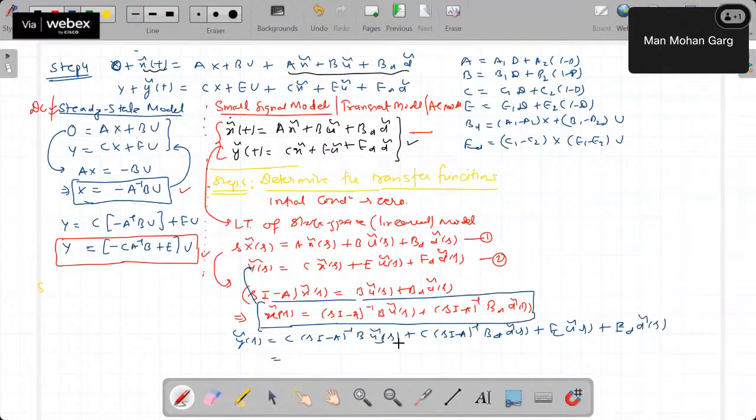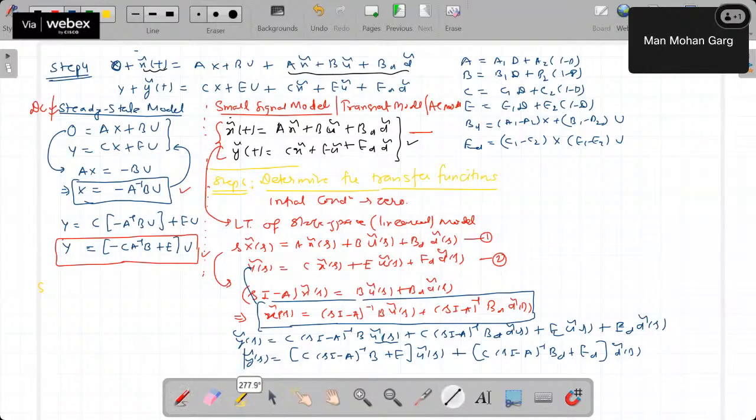Now U of s is common in both, so we take it together: C sI minus A inverse B plus E, times U of s, plus C sI minus A inverse BD plus ED, times D of s. So this is the second Laplace transform equation which we get.